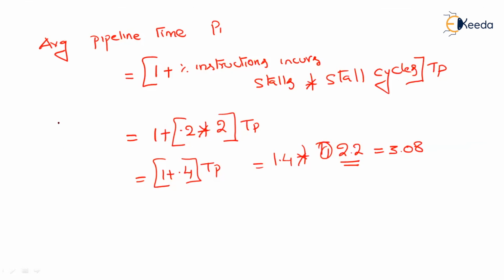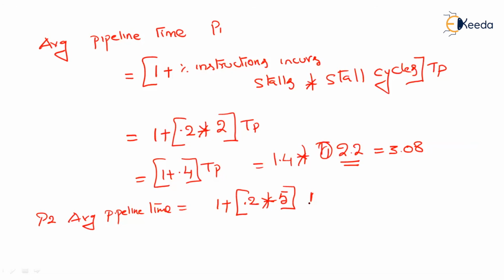Next, the average pipeline time for P2. P2 average pipeline time is equal to the same: 1 plus the rate of instructions that incur stalls, that is still 0.2, into the number of stall cycles, which is equal to 5, and TP is equal to 1.